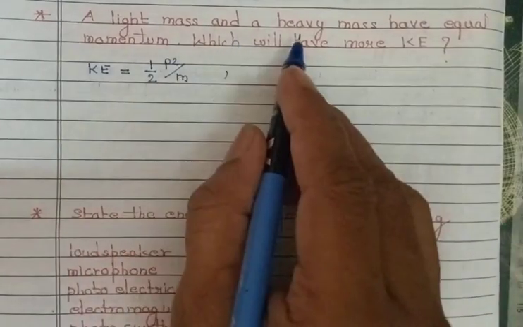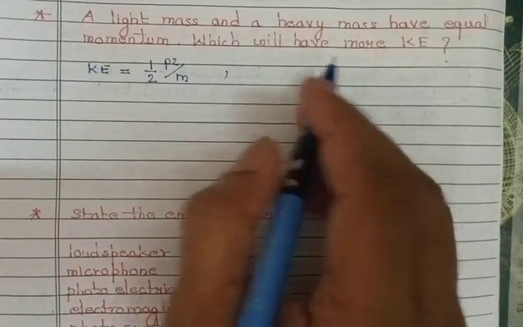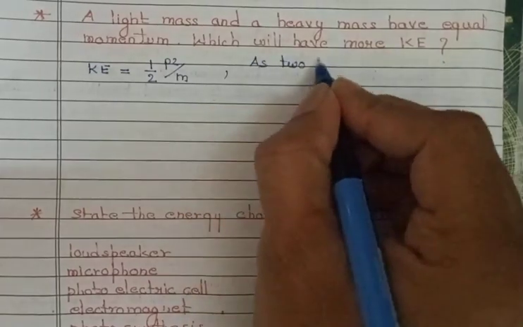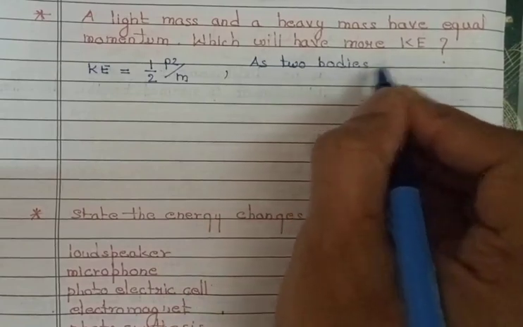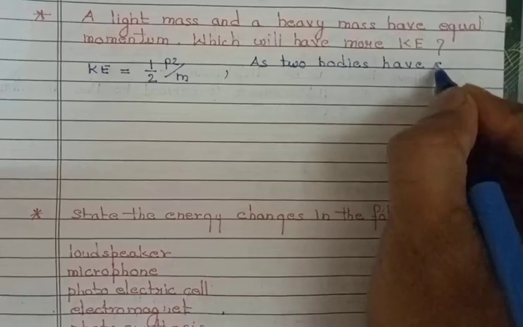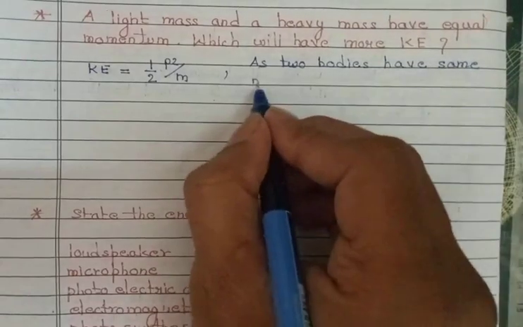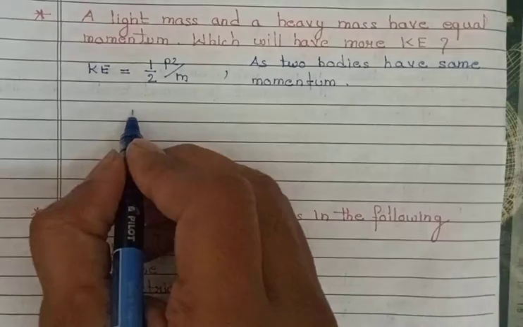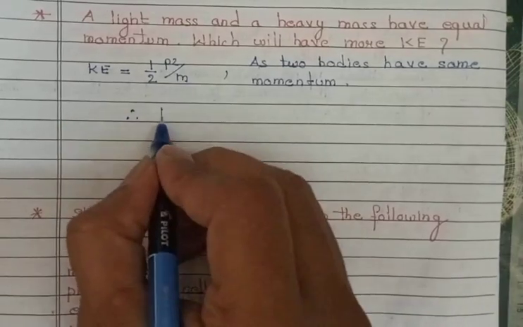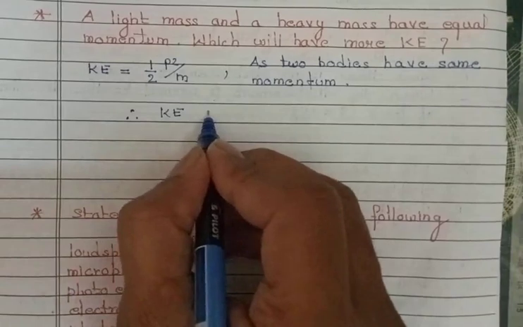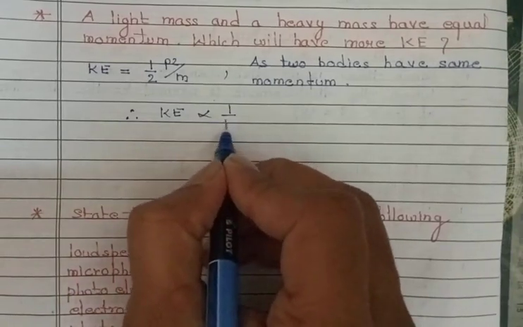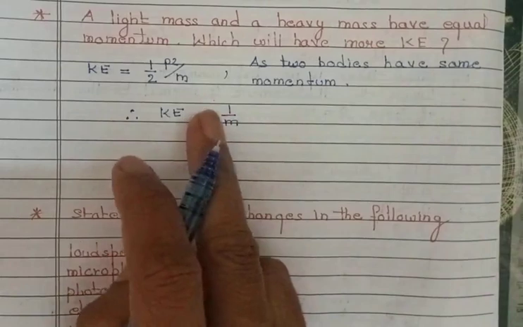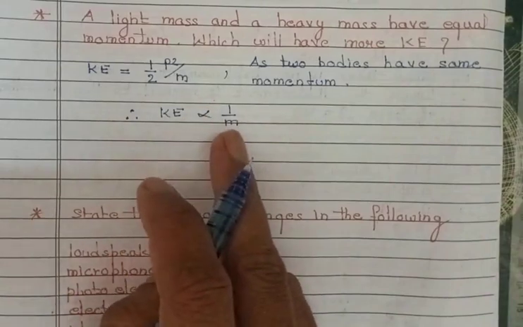As the question says, the two bodies have same momentum, therefore the kinetic energy of the two will be inversely proportional to their mass.